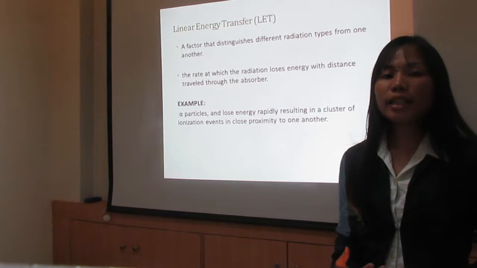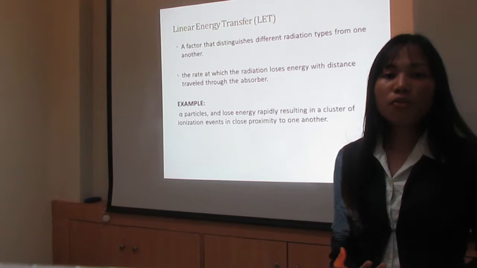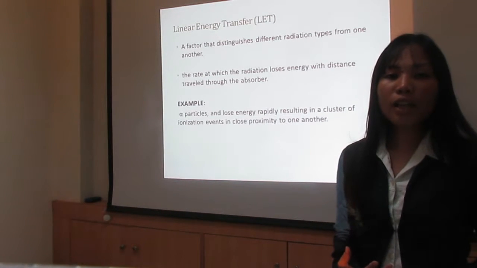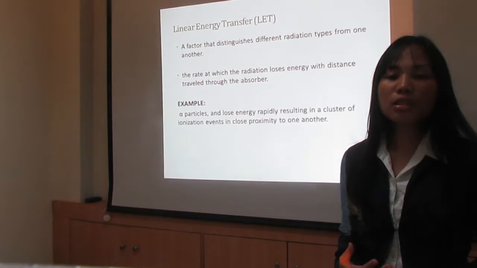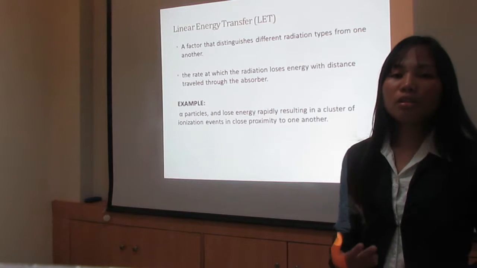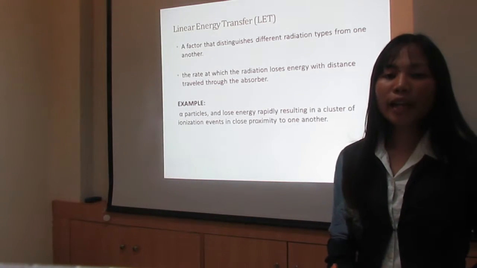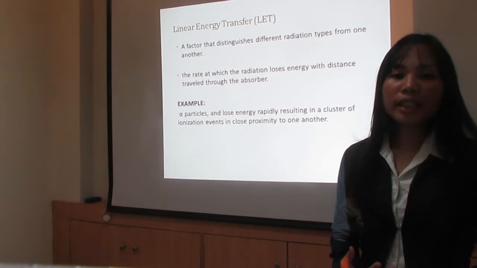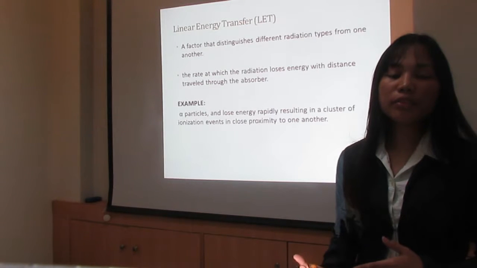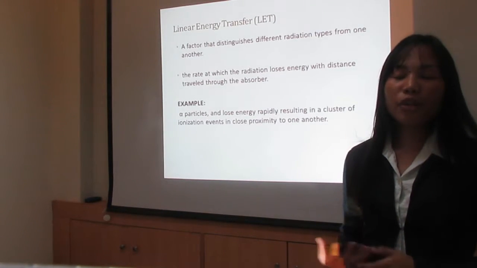High LET species are usually greater in mass than an electron, for example the alpha particle, and lose energy rapidly, resulting in a cluster of ionization events in close proximity to one another. Consequently, the heavy particle travels a relatively shorter distance from its origin.